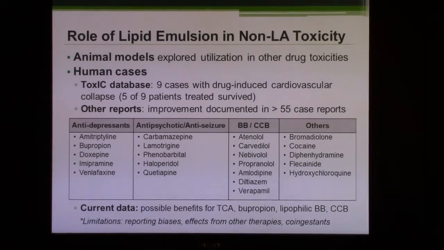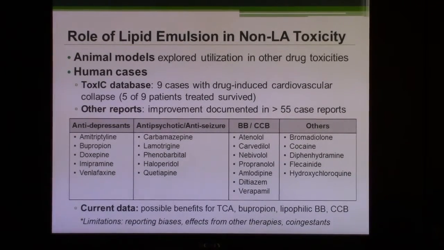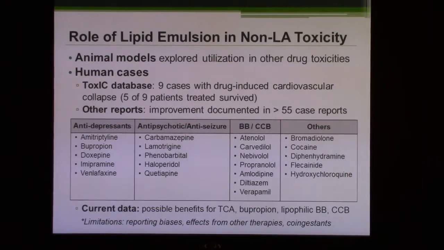So besides use for local anesthetics, it has been explored for use in toxicity from other pharmaceuticals. In human cases, the toxic database reports 9 cases with drug-induced cardiovascular collapse, where 5 of the patients who were treated did survive.